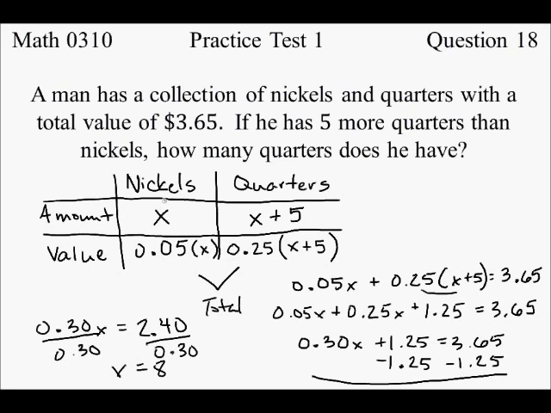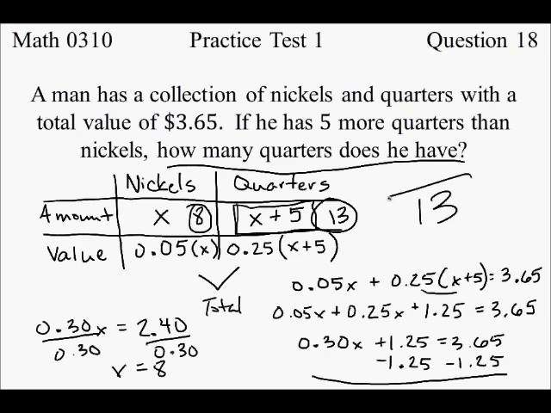So we have 8 nickels, but the question asks, how many quarters does he have? So what it's really asking for is the information in this little area over here, and if x is 8, this would be 8 plus 5, and so our actual number of quarters is going to be 13. So the number of quarters is 13, that's our answer, and that is answer choice E.